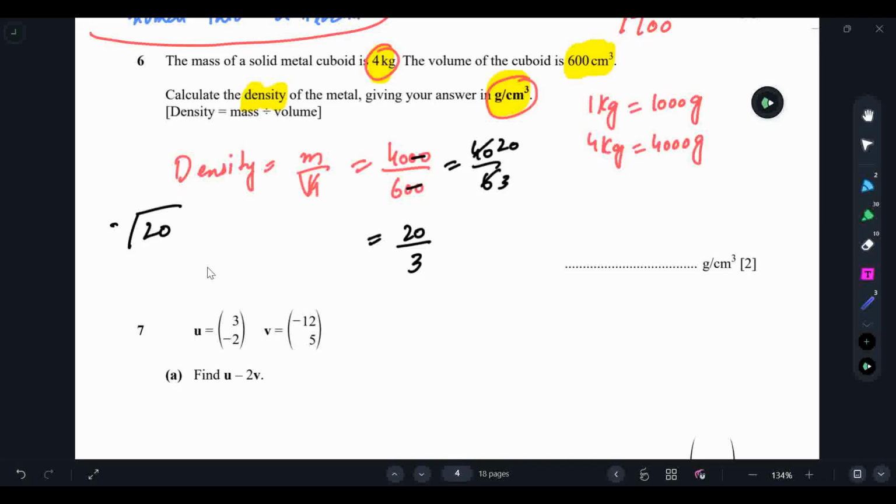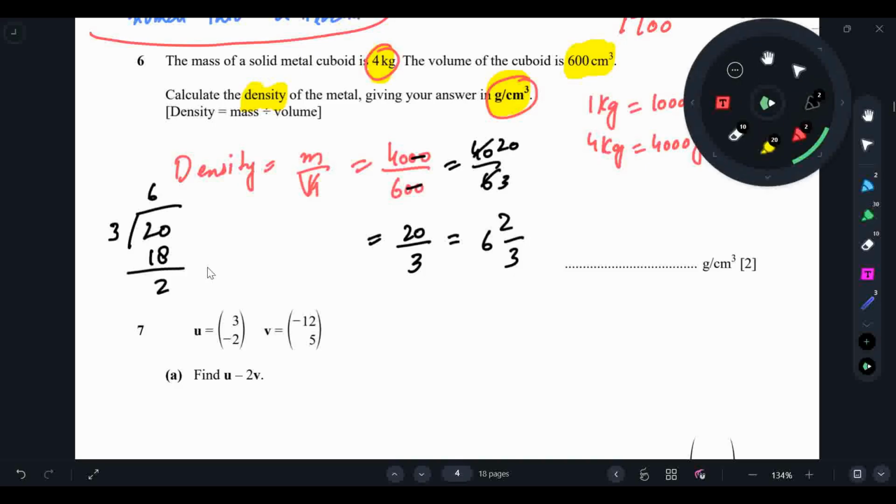So how can we convert it into a mixed fraction? 3 sixes are 18 and remainder is 2. So in mixed fraction, the answer will be 6 and 2 over 3. So these two answers will be considered as the final answer.